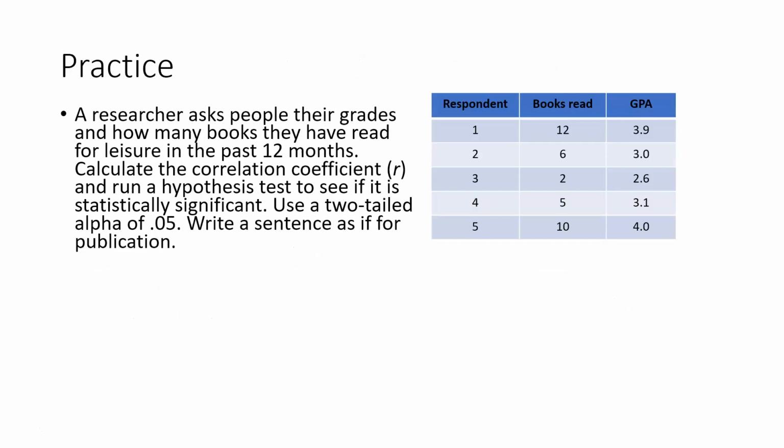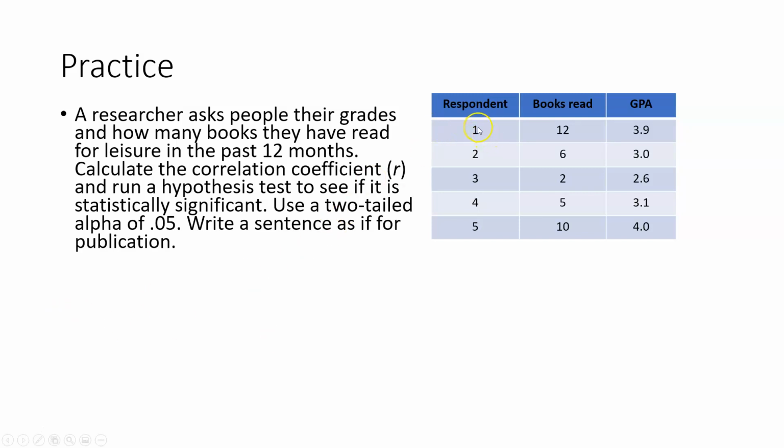So, before you finish this module, I want you to take a minute and walk through this practice exercise. It's just computing a Pearson correlation, going through the hypothesis test, and writing a sentence as if for publication. So here, we have a researcher who asks people their grades and how many books they've read for leisure in the past 12 months.